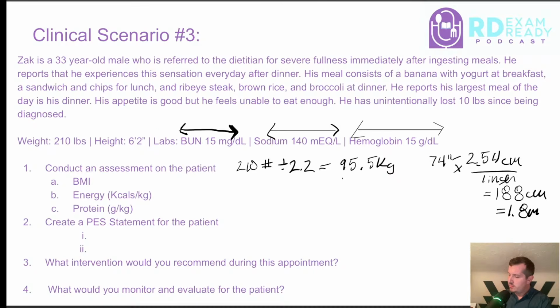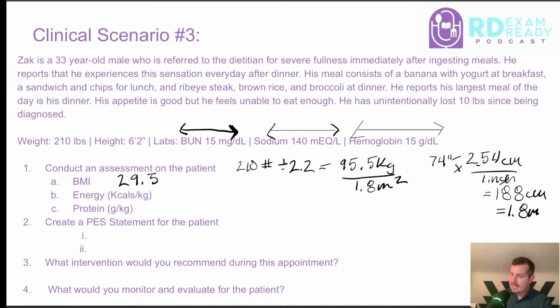Good. So 95.5 divided by 1.8 meters squared would get me a BMI of 29.47. I don't know, let's say 29.5. Maybe you got something close to 30 there, but he's pretty close, huh? Okay.